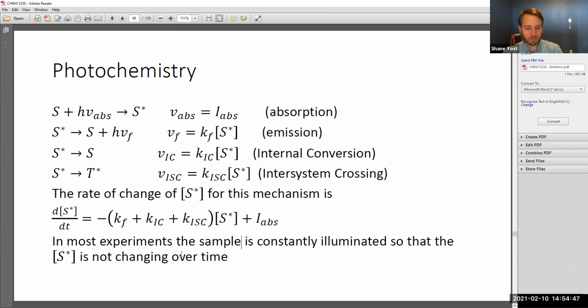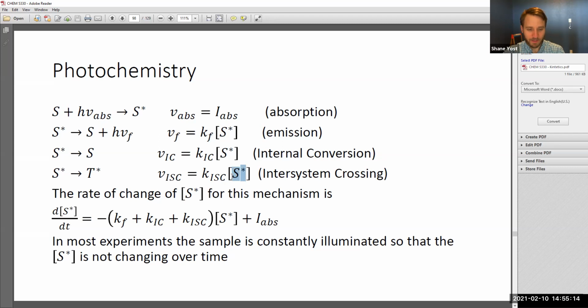You reach a steady state concentration of the excited state, and the total concentration of S star is unchanged. The rate of consumption of S star increases as its concentration increases, because its rate is literally dependent on concentration.